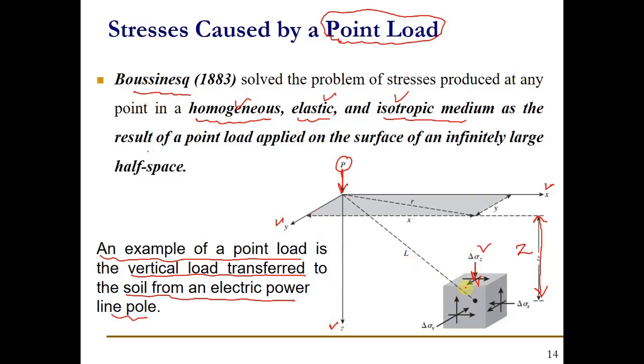So this point or this element, we are asked to find out the vertical stresses delta sigma. This point lies at a distance of x and at a distance of y, and this is the resultant r which we need to find out.